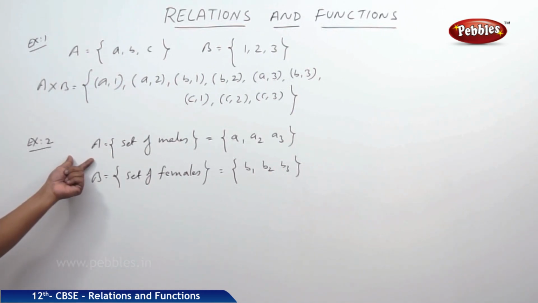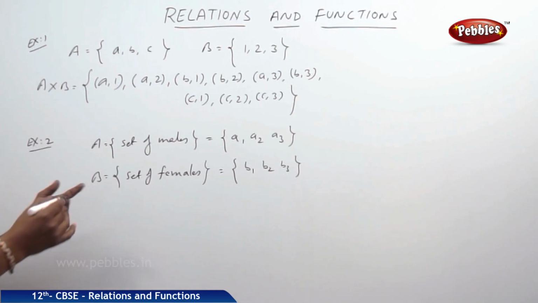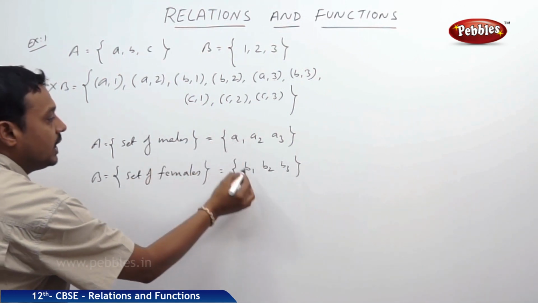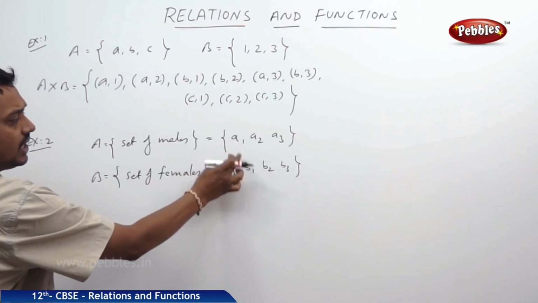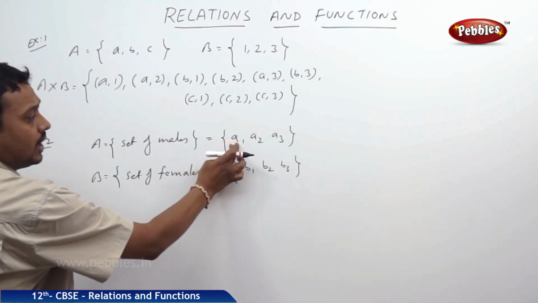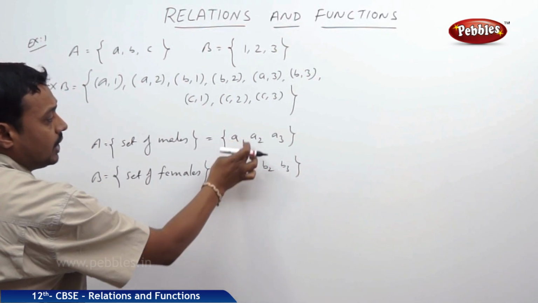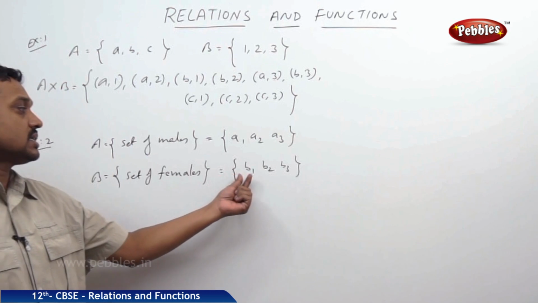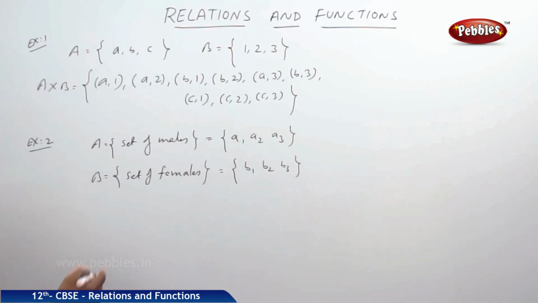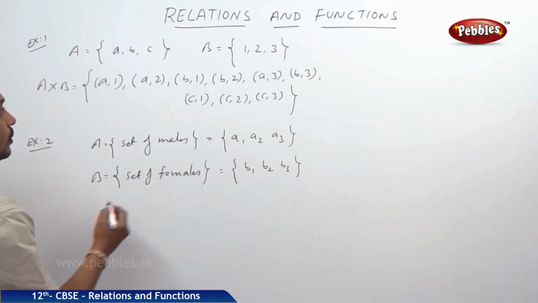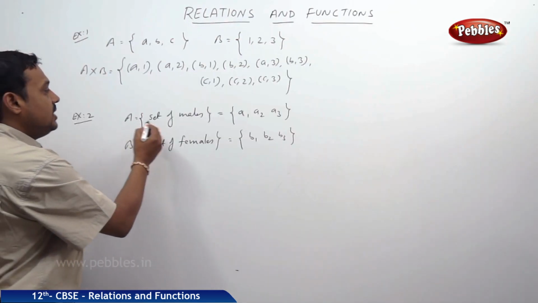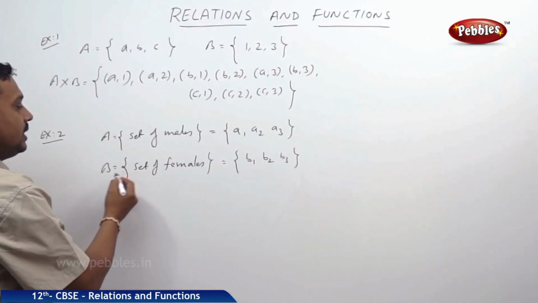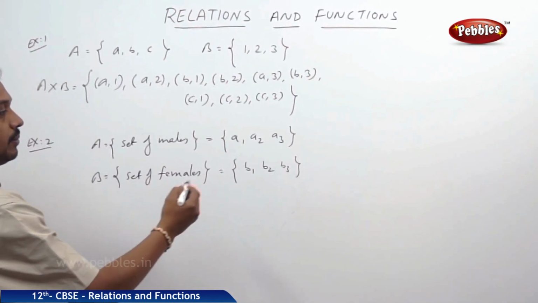A is the set of males and B is the set of females in a combined family. Now again two sets are chosen. Now A1 can relate with B1. Definitely A1 has some relation with B1, and A1, B2, A1, B3, A2, B1, A2, B2, A2, B3. Like that A3 also has relation with B1, B2, B3.